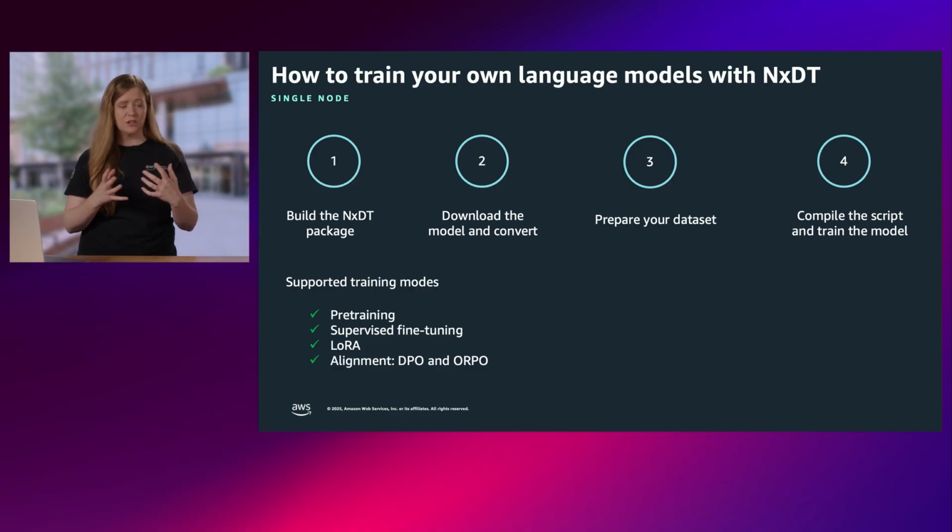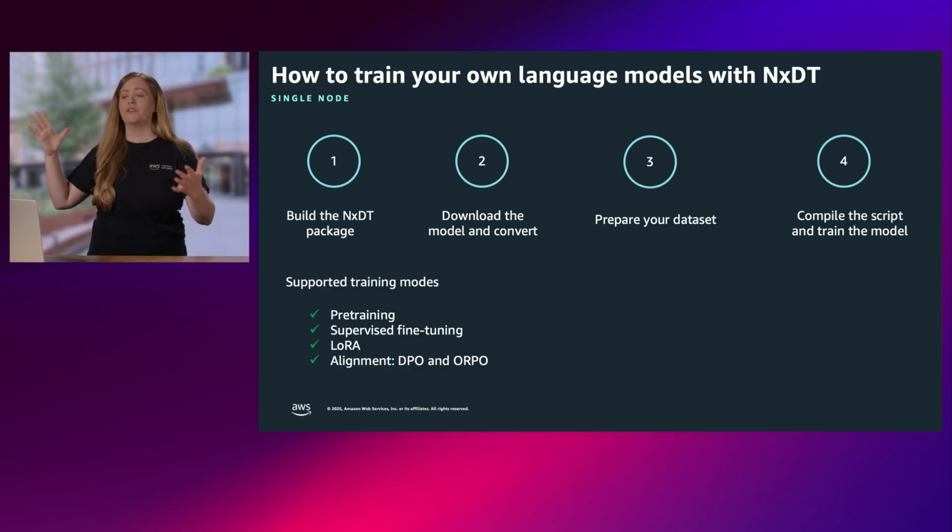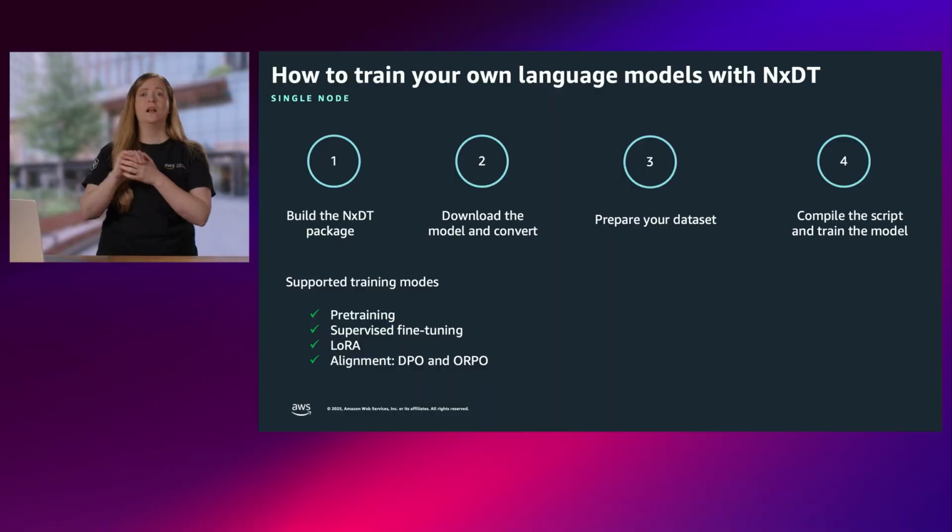There are many packages, many pre-requirements. Your first step is to ensure that that is compatible. So you'll pull down the latest NxDT repository, you'll pull in other supported libraries that are necessary to ensure that the entire package is operational, and you'll set this up.